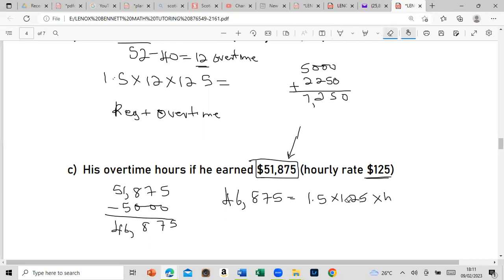When those are multiplied together, I get 187.5h. And on the left-hand side, I still have 46,875. Then to get h by itself, I divide by 187.5.